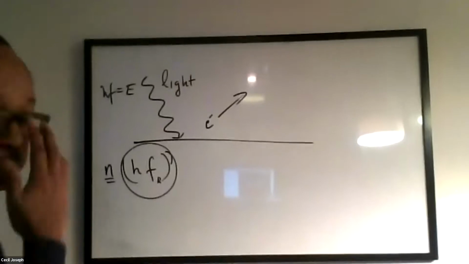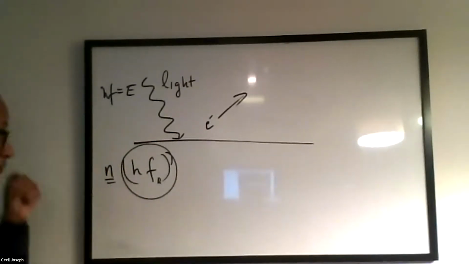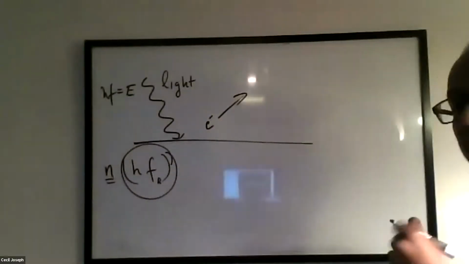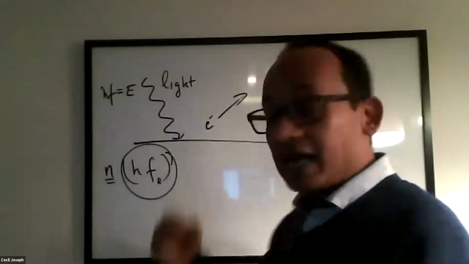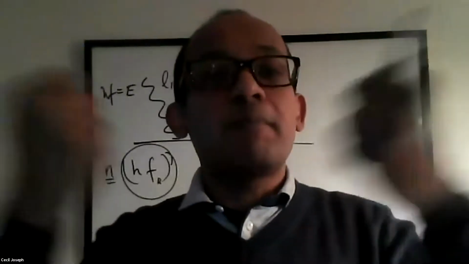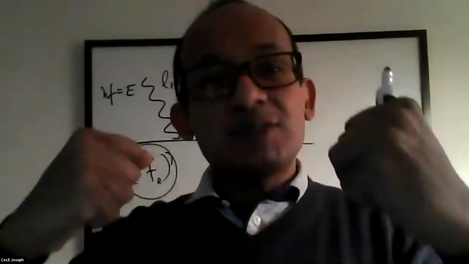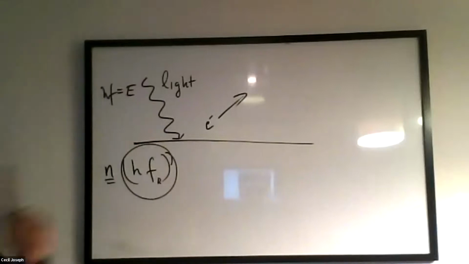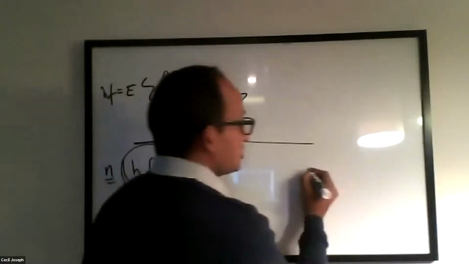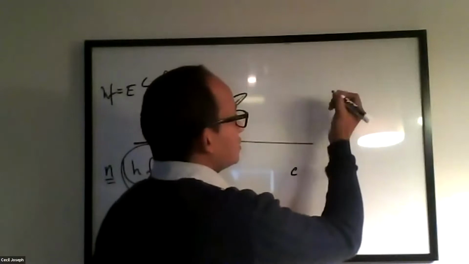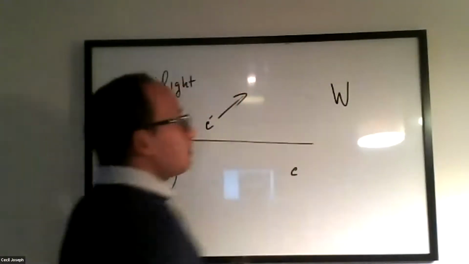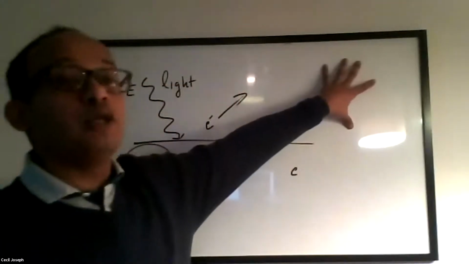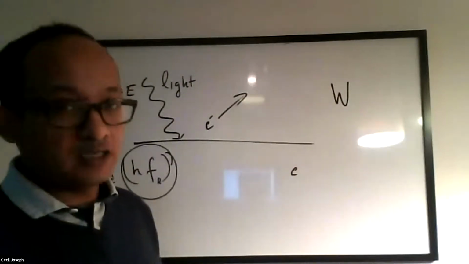Now, in this picture, the interaction between the electron and a photon is like two particles bumping into each other. In this process, if the photon is absorbed, the energy of that photon is given to the electron. So let's say the electron requires some amount of energy, which I'm going to call W, to be ejected from the surface of the metal.